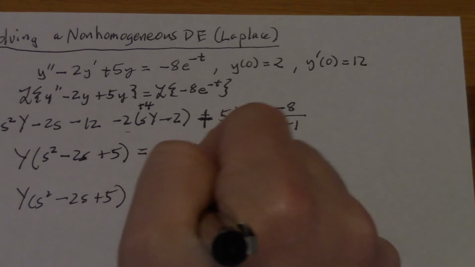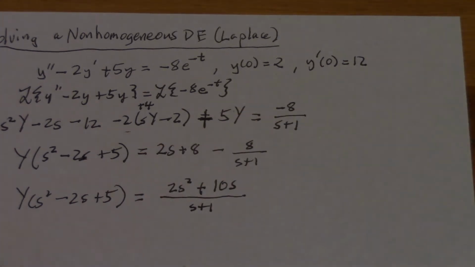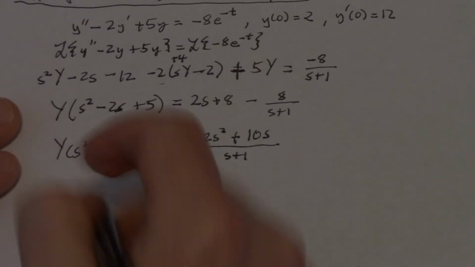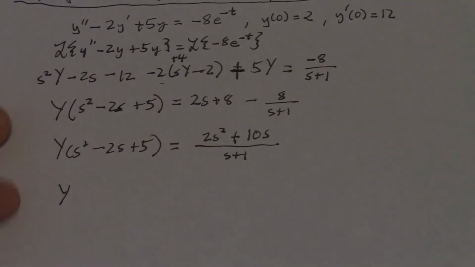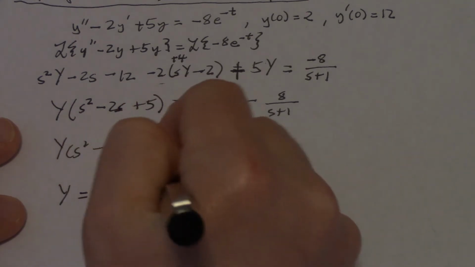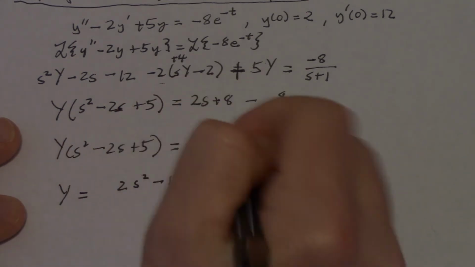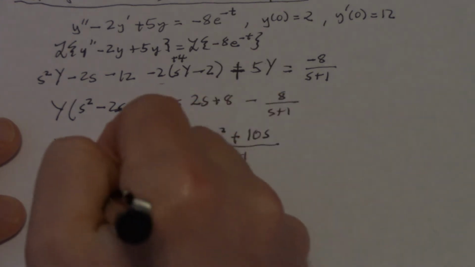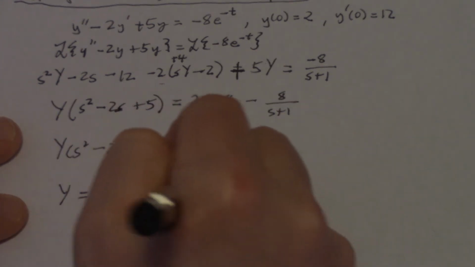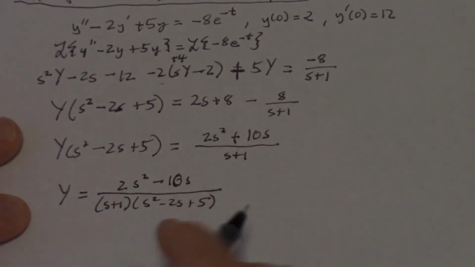And that's going to be over s plus 1. Alright, and then we divide this term, and we get that y is going to equal 2s squared minus 10s over s plus 1 times s squared minus 2s plus 5.